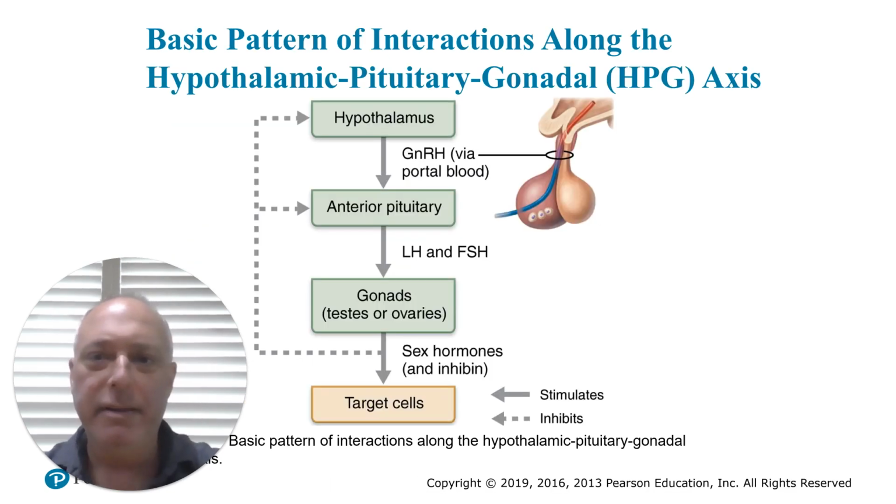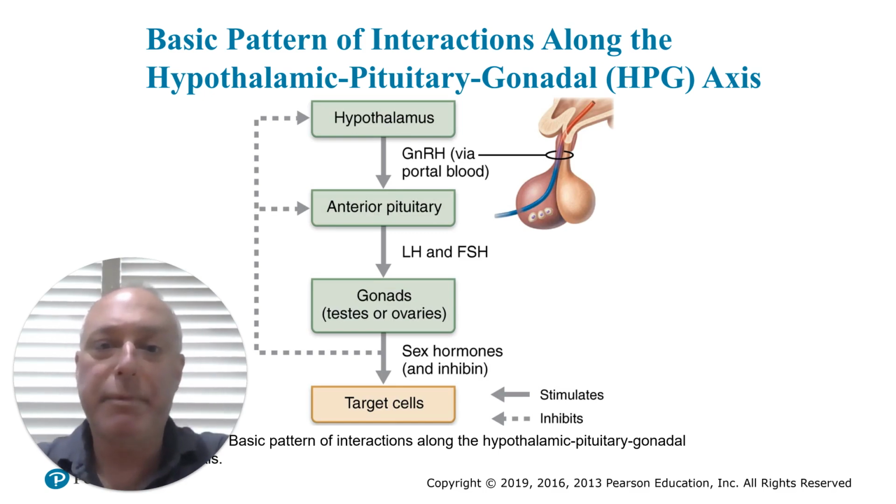Okay, so Chapter 16 was covered, our first chapter, and we covered endocrinology, which included the hypothalamic pituitary axis. There is a hypothalamic pituitary gonadal axis that we did talk about.